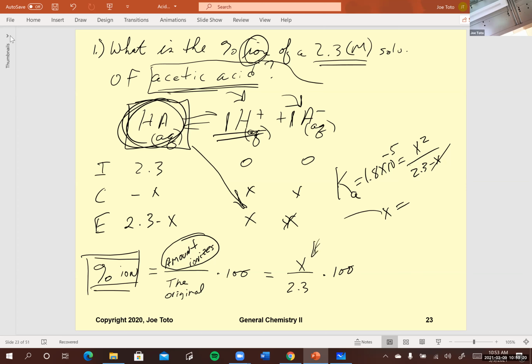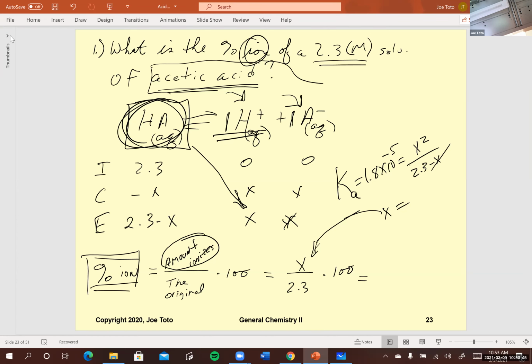Notice it's the same formula for the 5% rule, for checking that 5% rule. So percent ionization oftentimes is the same thing as checking the 5% rule. You're just finding out what percentage of that weak acid is breaking up.